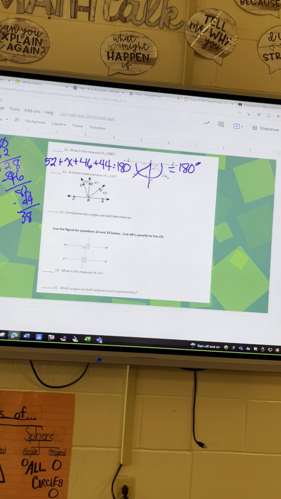So the angle measure here is 38. You're just going to subtract all that away from 180. Okay?